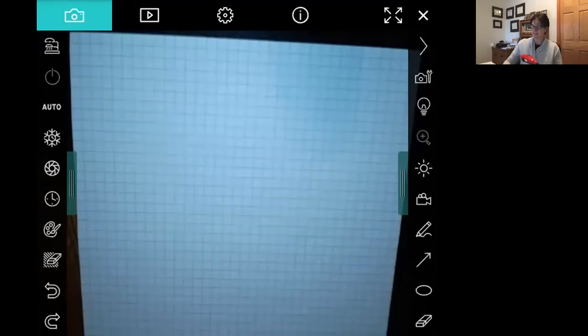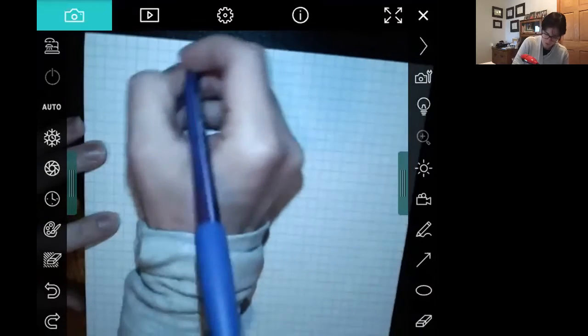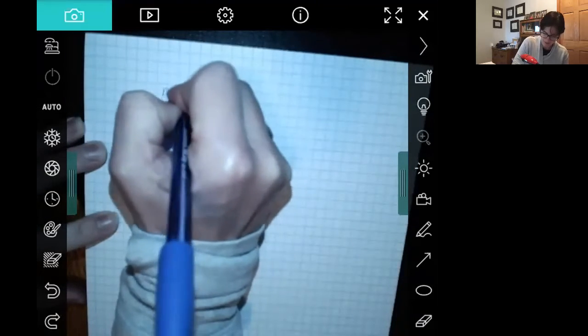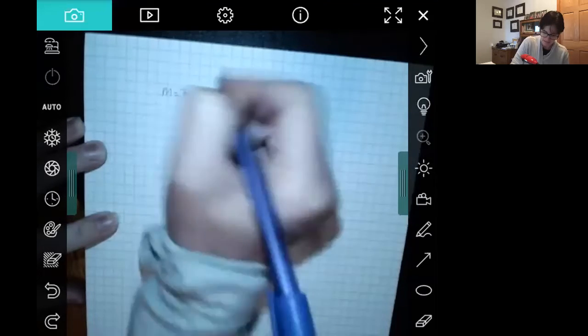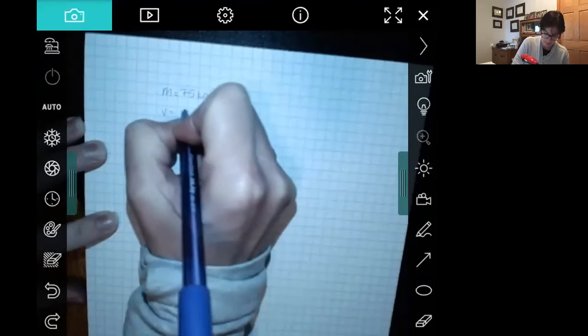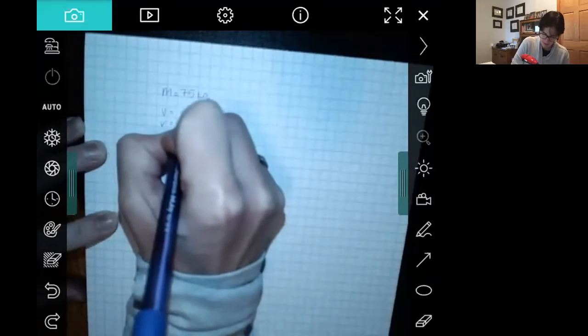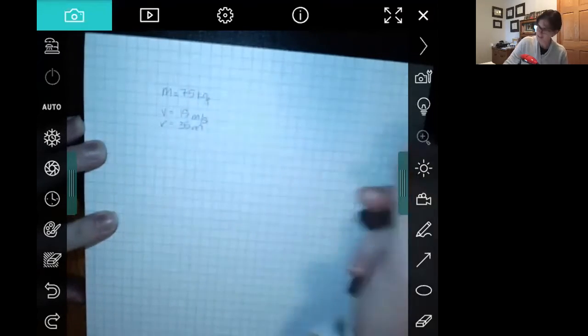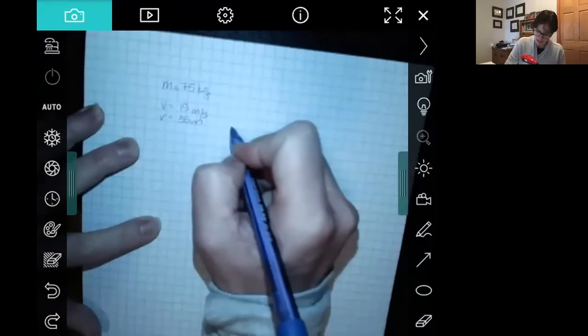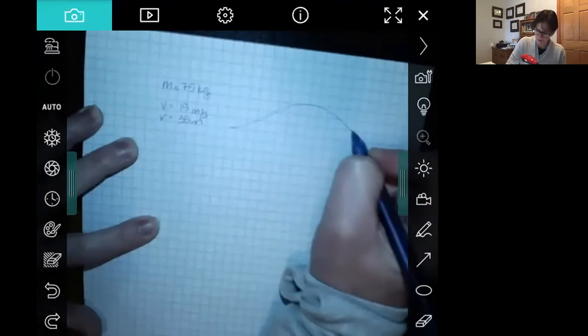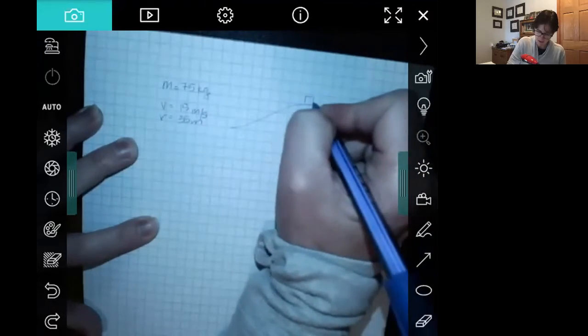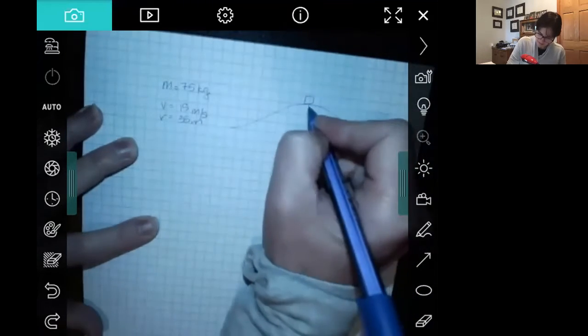All right, so you have a mass of 75 kilograms, the problem stated. And it's stated that you're going to go over this bump in the road at 15 meters per second, and the radius of that bump is 35 meters. So what does that look like? Let's imagine here's our road, and here you are at the top of the bump in your car.